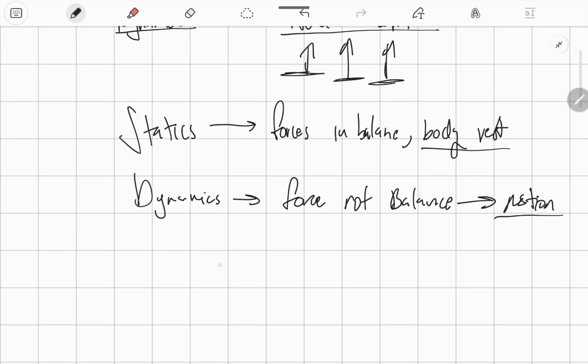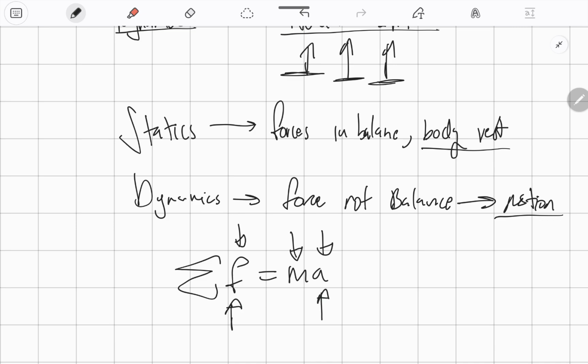If you write it, it looks like this. When a net force is exerted on an object, it will accelerate in the direction of the net force.